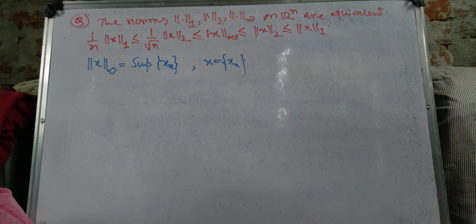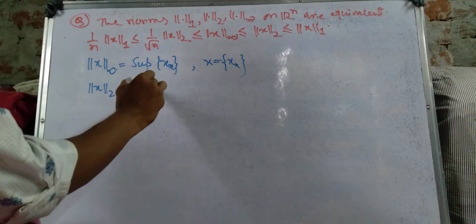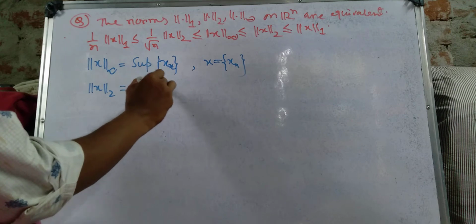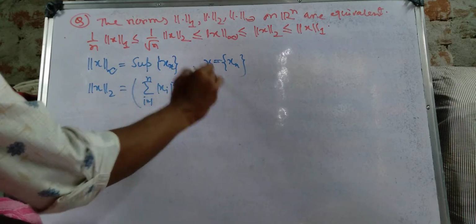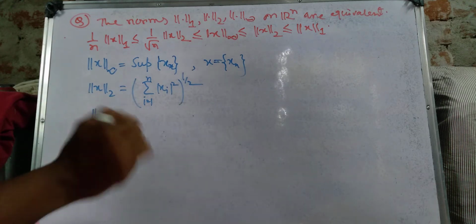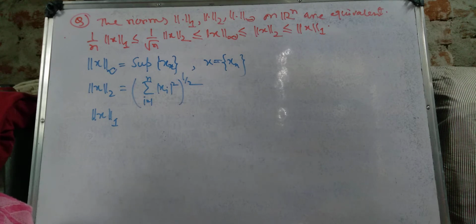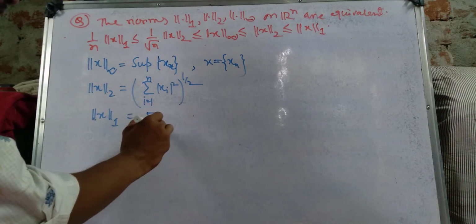And norm x2 equals summation of xi square, i equal to 1 to n, whole to the power half, and norm x1 equals summation of |xi|, i equal to 1 to n.